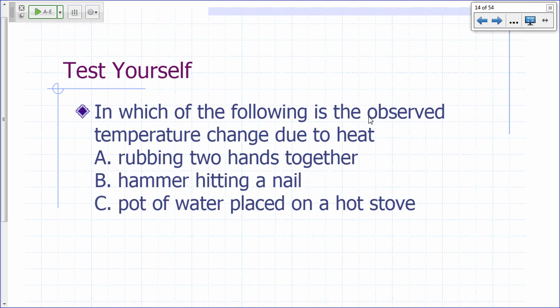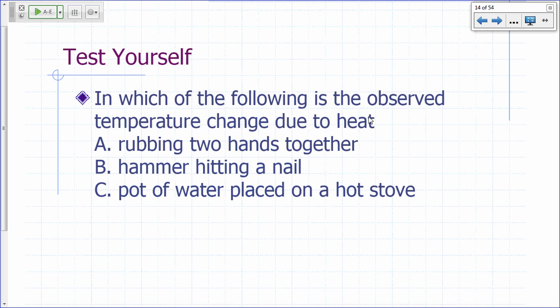All right. In which of the following is the observed temperature change due to heat? Given the definition of heat and work, is it A, rubbing two hands together? What do you notice when you rub your two hands together? It gets hot, right? Are you heating your hands?